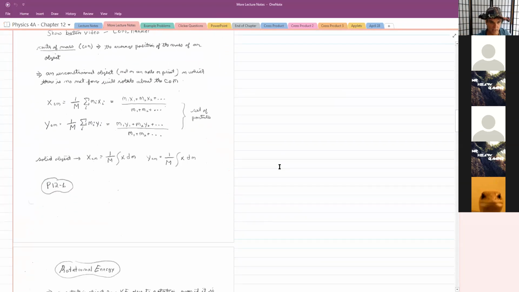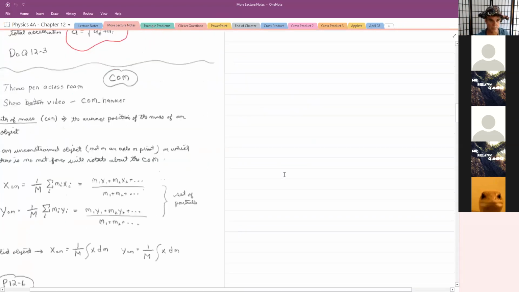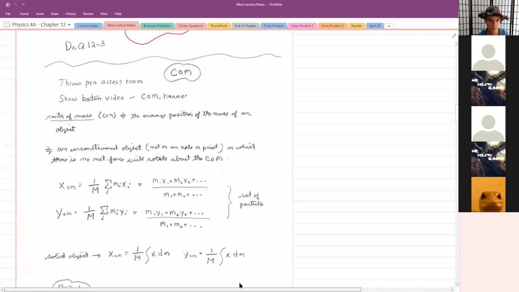So let's talk about center of mass. Like I said before, the center of mass is just the average position of the mass of an object. If I were to look at how the mass is distributed, center of mass is just the average position of the mass.